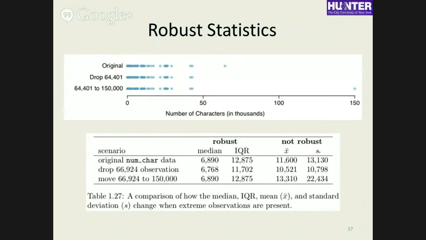The standard deviation, when we got rid of it, went down by about 2,500, and when we took it up here, it went up by almost 3,000, or almost 10,000. So the standard deviation, more so than the mean, is quite sensitive to outliers, and the interquartile range is relatively robust to that outlier.